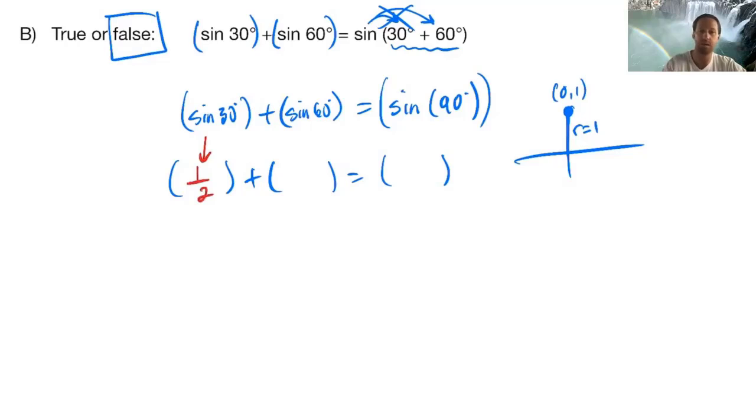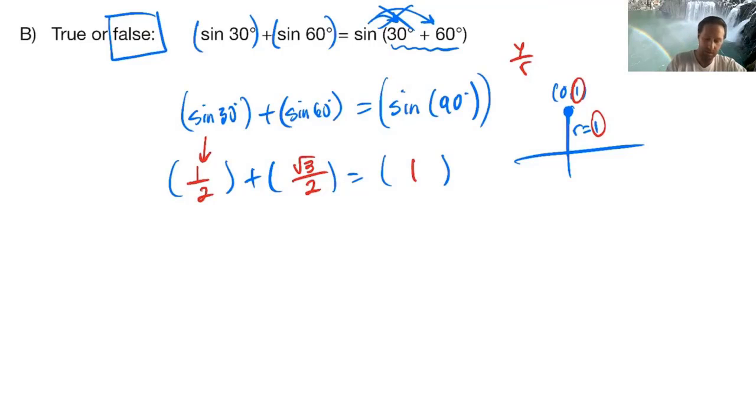And if you know that 30 and 60 are complements of each other, you know if it's not 1/2, then it's the other. With the 30, 60, 90, you'll have the 3's involved, root 3 over 2. With the 45, 45, which has the two angles that are the same, it has the root 2 involved. Okay, and then the sine, remember, is always the y over the r. So my y over my r would be 1 over 1. Sine of 90 is 1. Again, hopefully you memorize that.